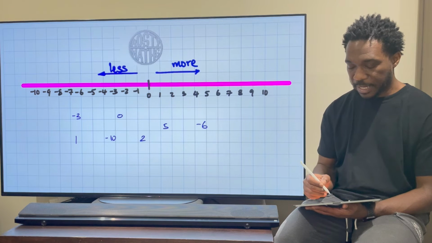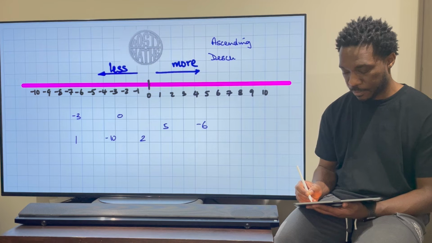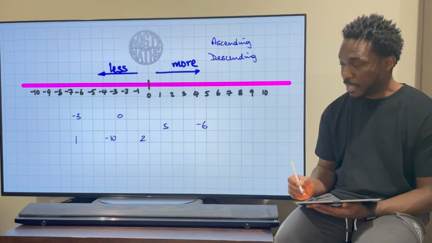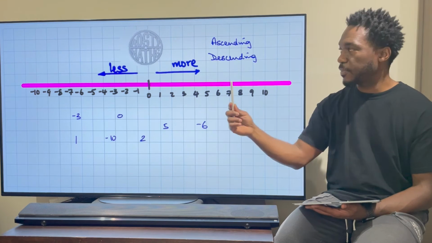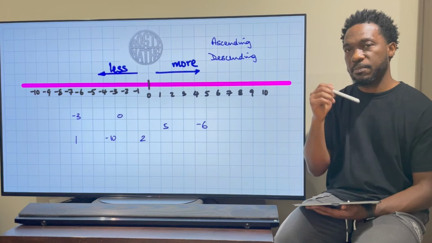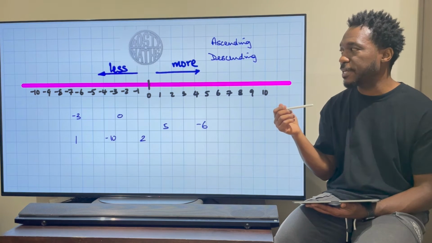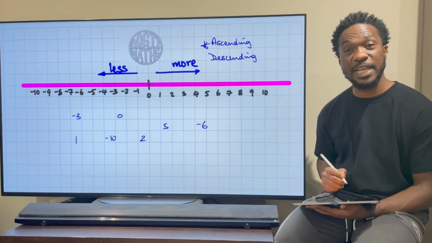Sometimes they might say ascending or descending. Ascending means you're going from smallest to largest. Descending means that you're going from biggest to smallest. So please make sure you look out for those words, okay? But we're going to go ascending today because life is easier when things are ascending.